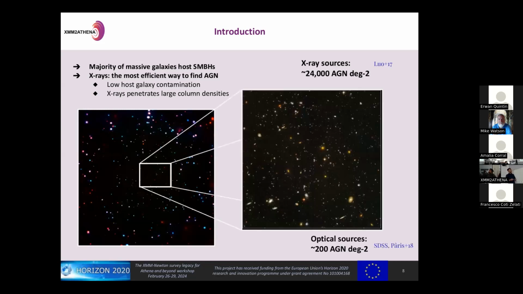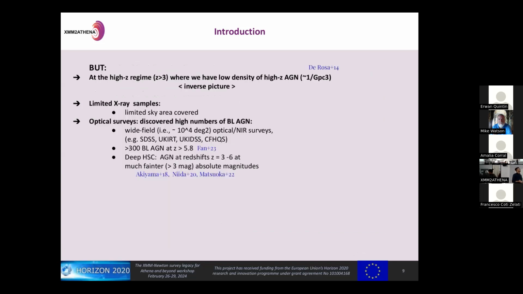If we compare this with the optical images, we see here a part of the Chandra field of view that is one of the deepest HST images. And here we have billions of sources, galaxies. However, if we check the AGN, it's only 200 AGN per square degree. So this is why we use X-rays for AGN.